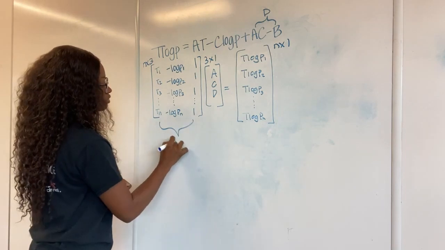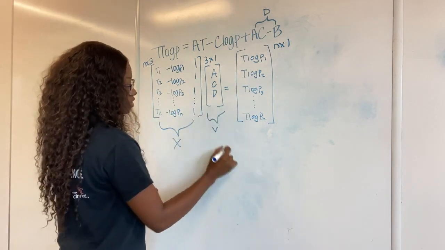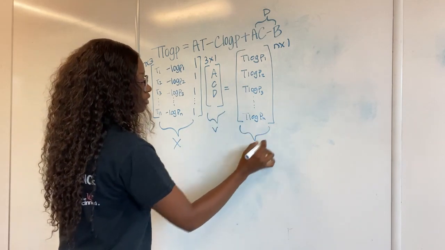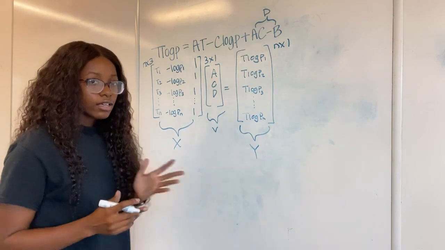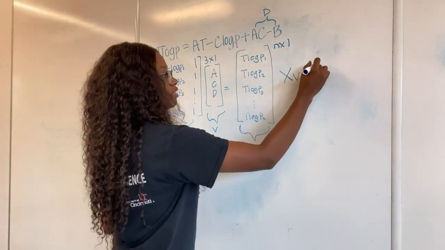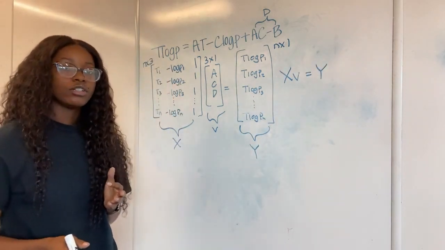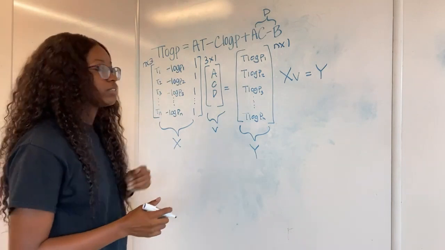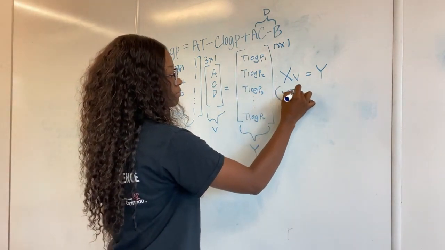So we'll call the design matrix X, our vector V, and the T log P matrix Y. So now let's rewrite this equation. XV equals Y. And like I said earlier, we should multiply each side by the transpose of the design matrix. And we'll call that X to the T.